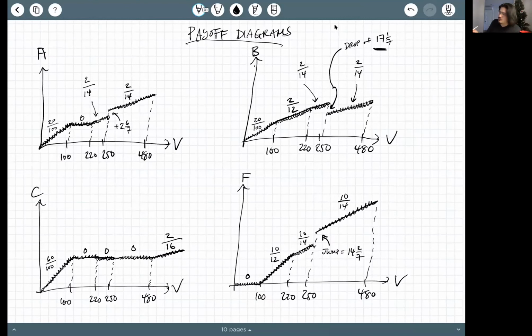So now they have a slope of 2 out of 16, and that dilutes the upside of every other stakeholder. So founders now have 10 out of 16, Series B has 2 out of 16, and Series A has 2 out of 16 as well. Any questions about this?